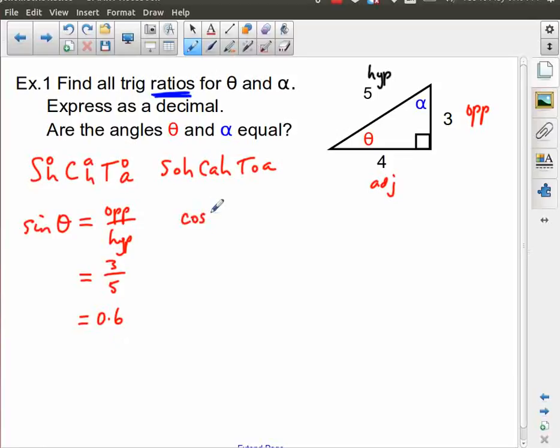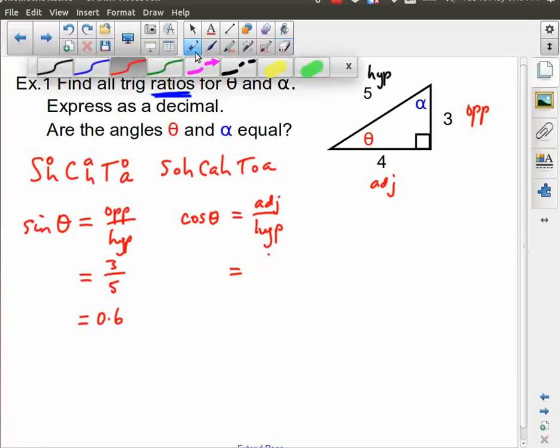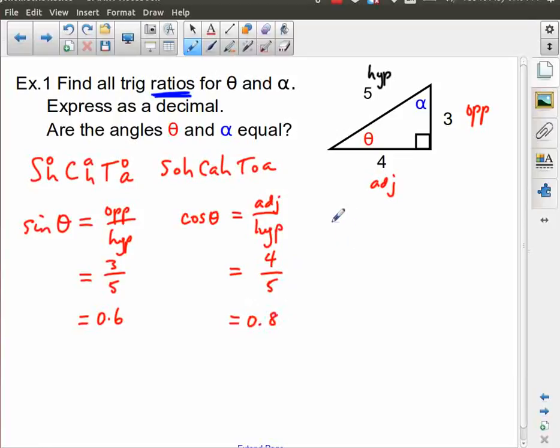Then cosine of theta, which is defined as adjacent over hypotenuse, that would be 4 divided by 5, which is equal to 0.8. And the tangent of theta, which is equal to opposite over adjacent. And the opposite is 3, and the adjacent is 4, so that's equal to 0.75. Okay, so those are my 3 ratios.